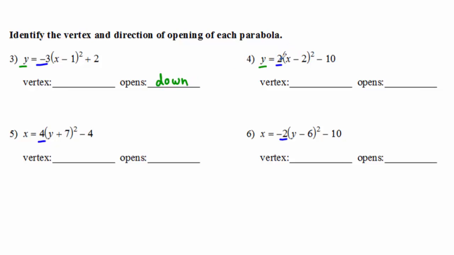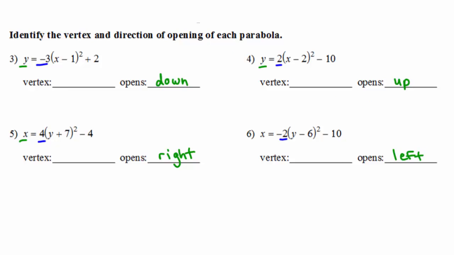So this one's y equals, but it's positive in front, so that means it opens up. X equals is left or right, and a positive in the x direction is right. Negative, whenever it's x equals, means we're going left.